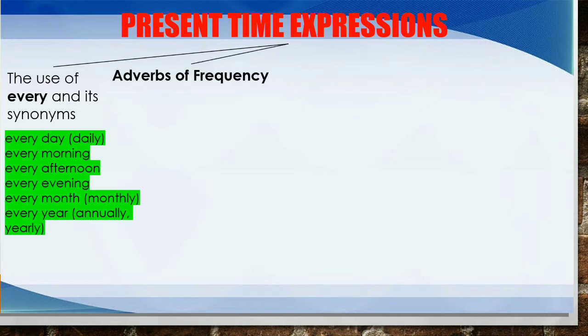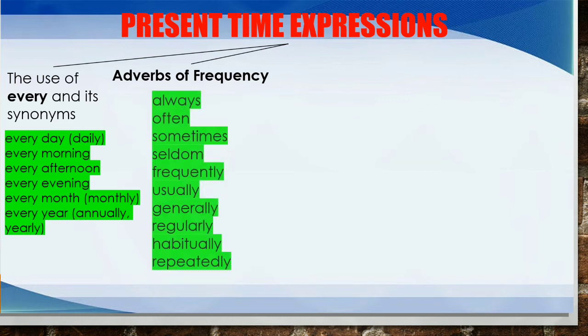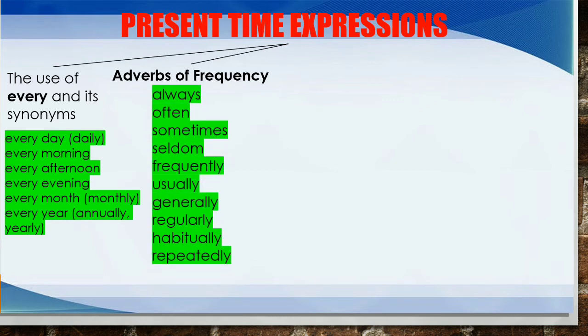Next, adverbs of frequency. Usually, present time expressions are also adverbs of frequency. Examples: always, often, sometimes, seldom, frequently, usually, generally, regularly, habitually, and repeatedly.